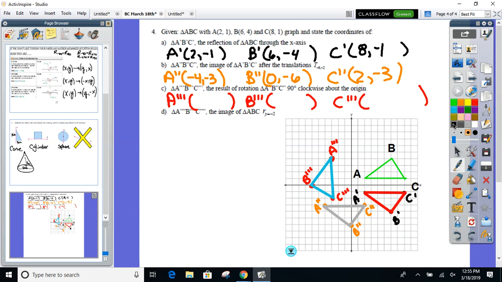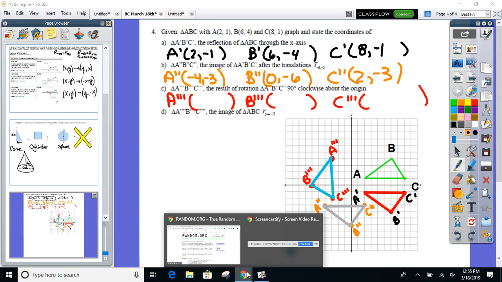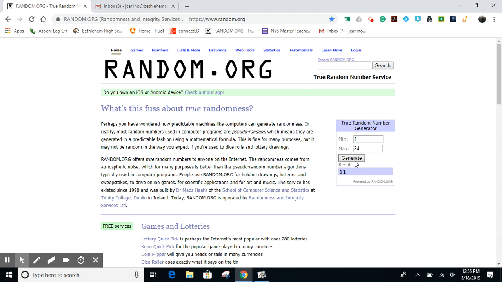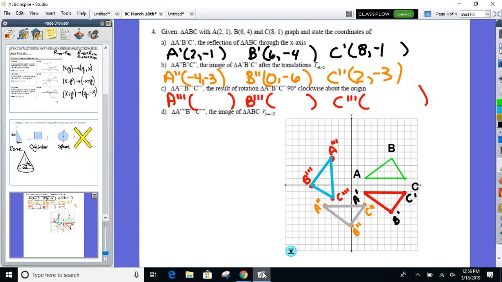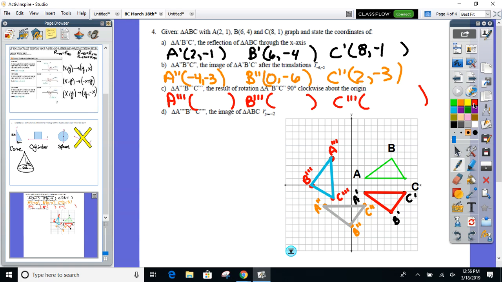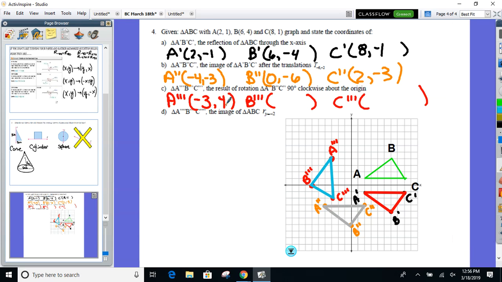Gonna need a volunteer for this. Let's see if the generator heard me or not. Yeah. Okay, let's find out. So A triple prime is -3, 4. Well, we're onto the right track, so I have faith you turn your paper the correct way.